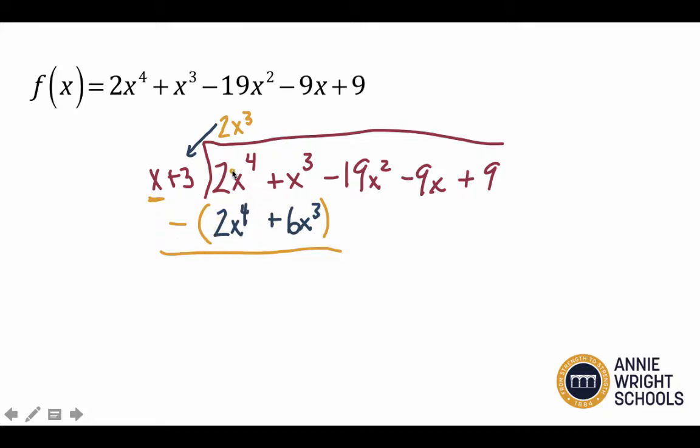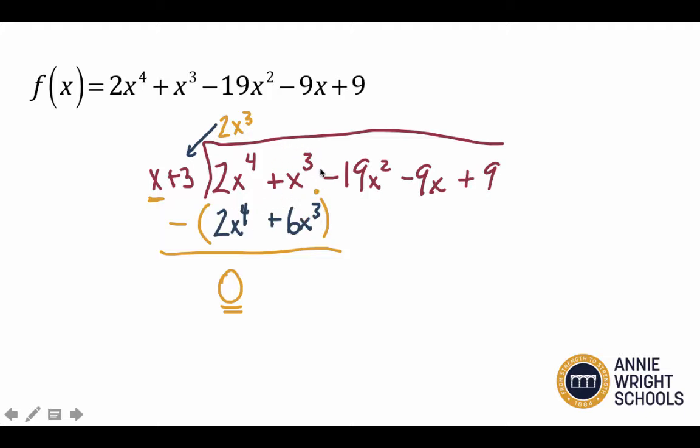So 2x to the fourth plus the opposite of this is 0. If you don't get a 0 here, you messed this up, so go back and start over. You should always get a 0 first, because this should cancel out. Now we take this 2x cubed, we multiply it by 3, and we get positive 6x cubed.